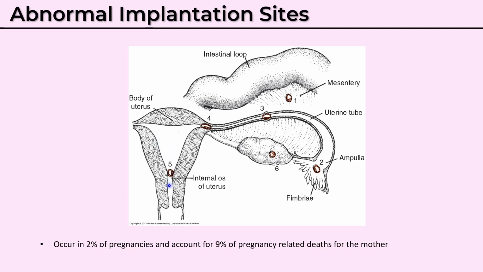Or we can have what is technically not considered an ectopic pregnancy, but a very inconveniently placed implantation site, and that would be over the internal os of the uterus. And this can lead to a condition called placenta previa, which can have high rates of maternal and fetal death.